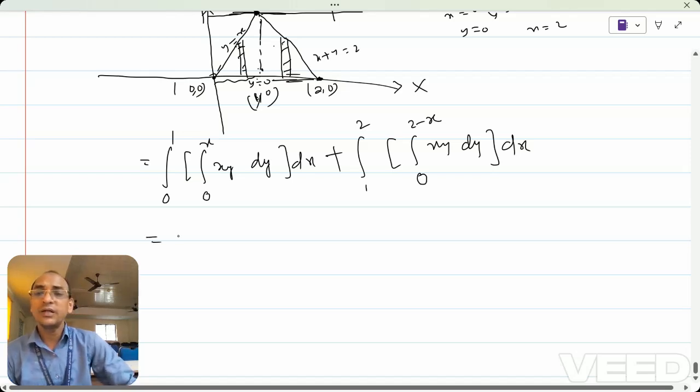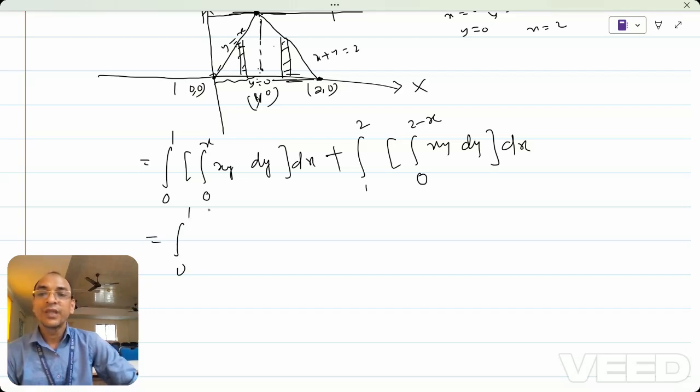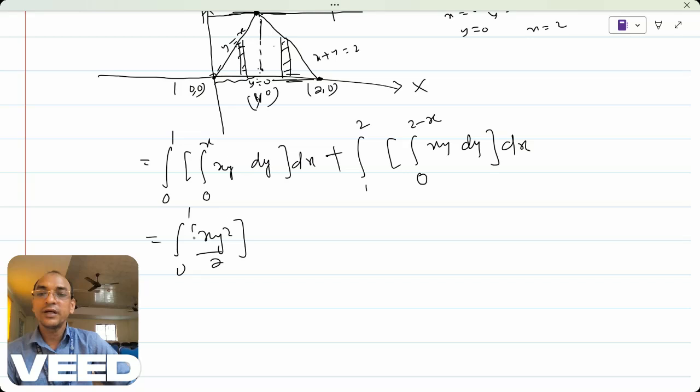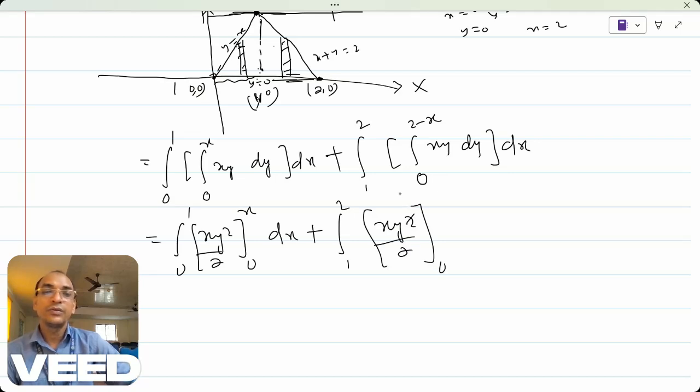So you can evaluate it. Integration from 0 to 1, with respect to y, x will be constant, so it will be x y squared by 2 with limits 0 to x, dx. Similarly, from 1 to 2, x y squared by 2 with limits 0 to 2 minus x, dx.